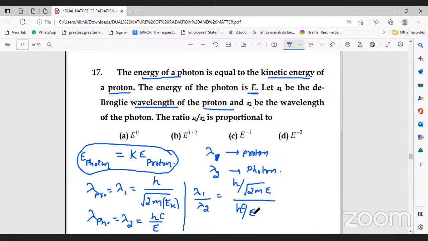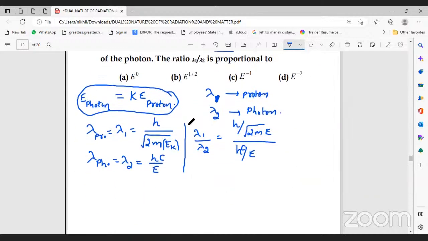Now you can simplify further. What is lambda 1 by lambda 2?